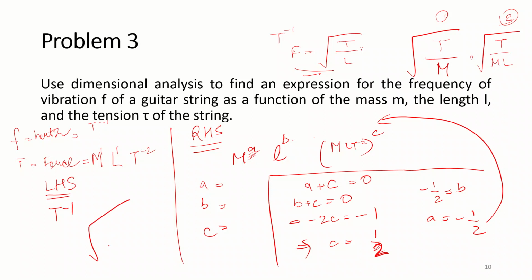This A was supposed to be from the mass M, so we put mass M. B is from the length, which is minus 1 by 2, and then this is 1 by 2, C. Was it clear here? Yes, sir. So one of you is getting some issue here.